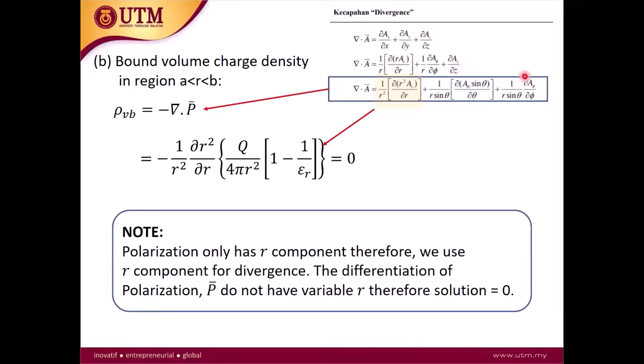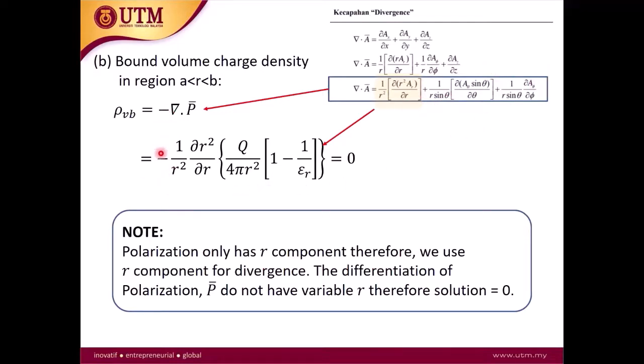We have the R component, theta component, and phi component. However, when we determine the polarization vector, we can see that it only has the R component. So we just use the R component here, and the rest will be 0.